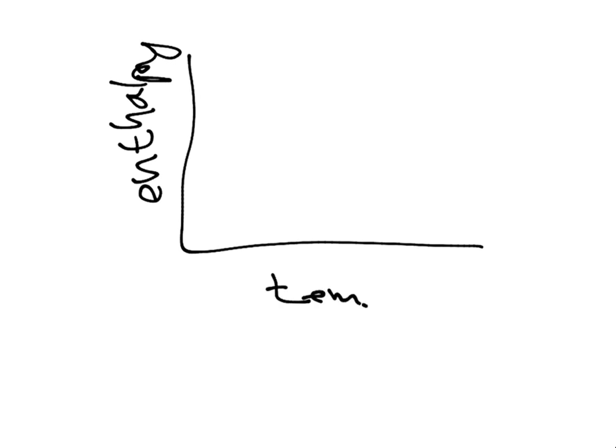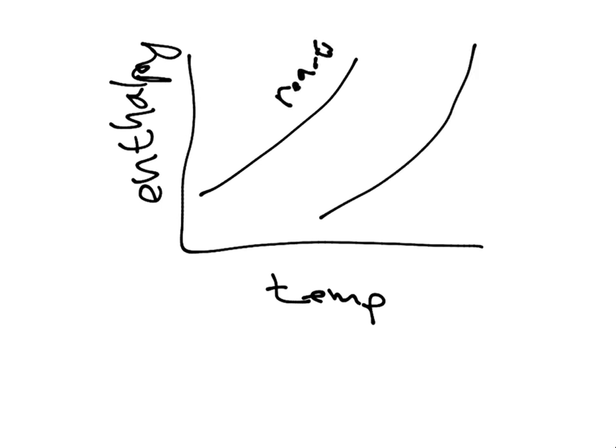So another way to look at this is we have enthalpy on the Y, temperature on the X, we have our reactants, we have our products, and if we draw a line from our reactants to our products, we are going to start out with our T at a reference temperature, or T initial.